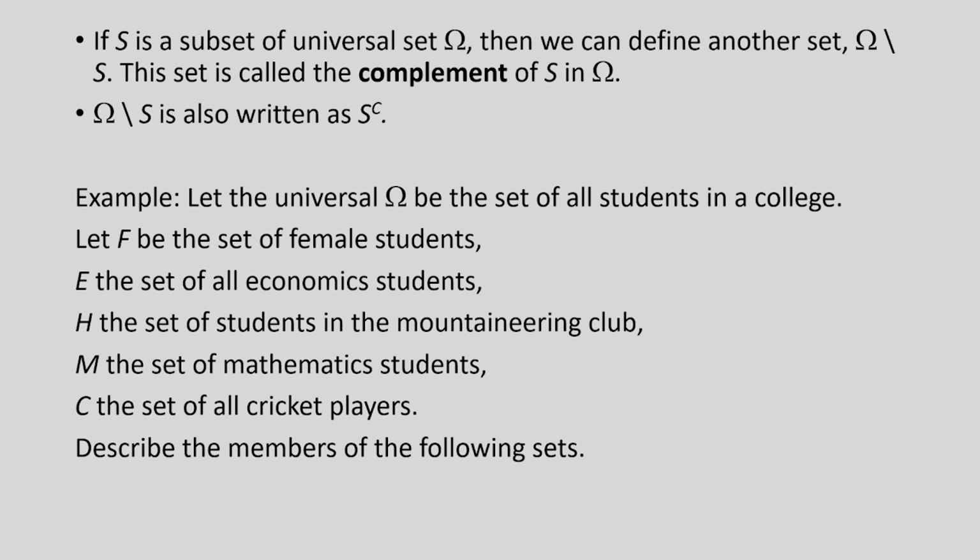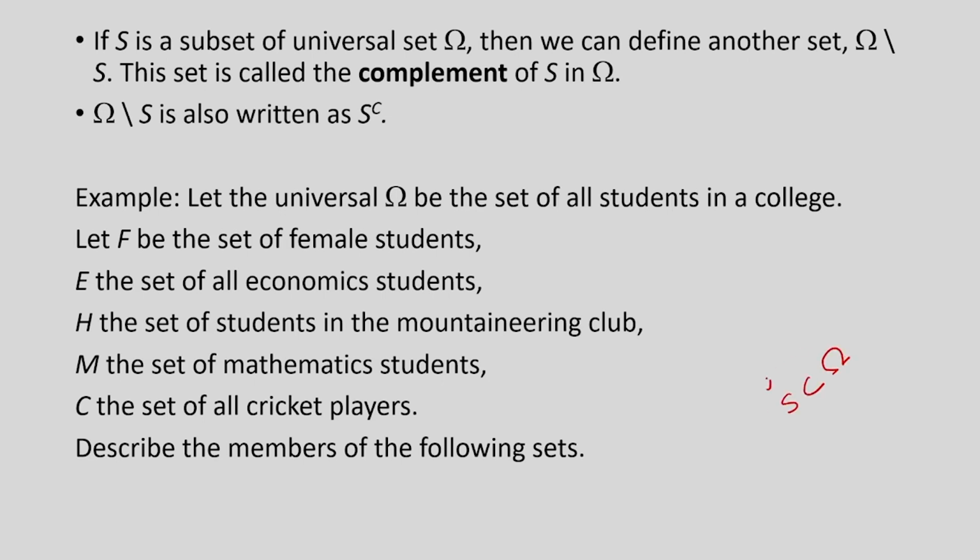If S is a subset of the universal set gamma, then we can define another set which is gamma minus S. This set is called the complement of S in gamma. So, you have S which belongs to gamma, right.